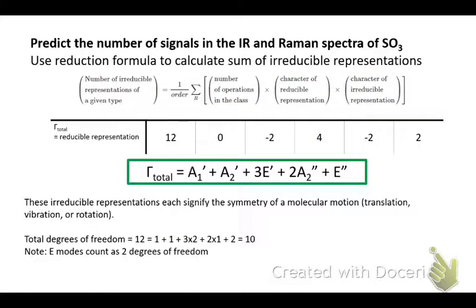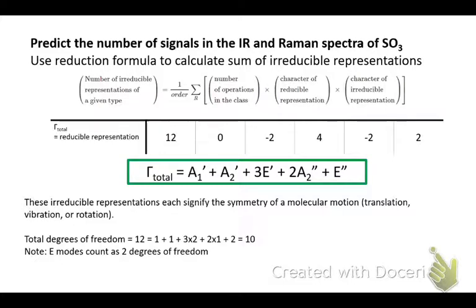Okay, once you've done that, you'll work out that the reducible representation, gamma total, the 12, 0, -2, 4, -2, 2, can be represented by adding together one A1 prime, one A2 prime, 3 E primes, 2 A2 double primes, and an E double prime.